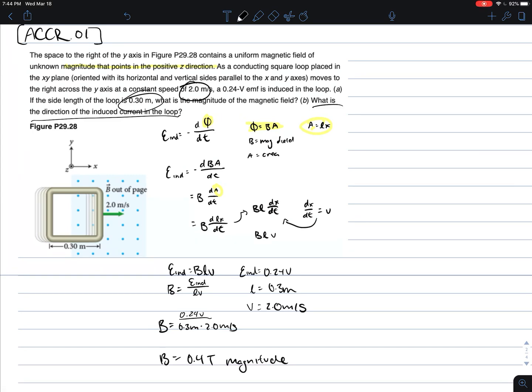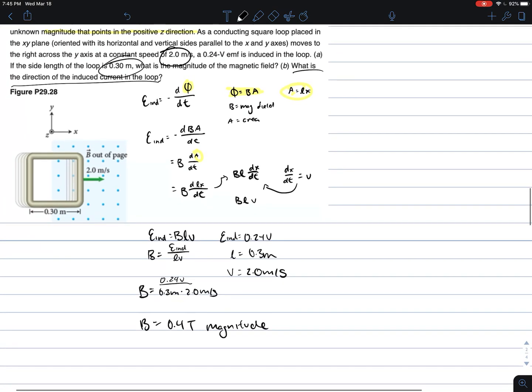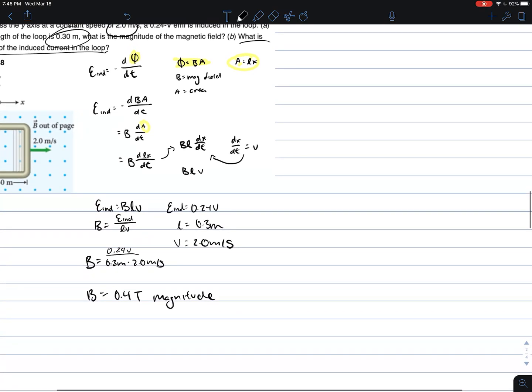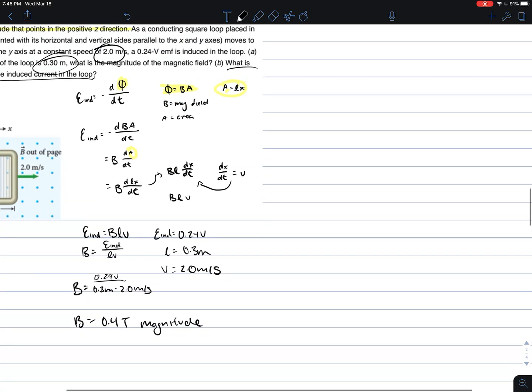And then we just found that the flux is increasing here. So then that would mean, I think, that the loop is opposite. Right?